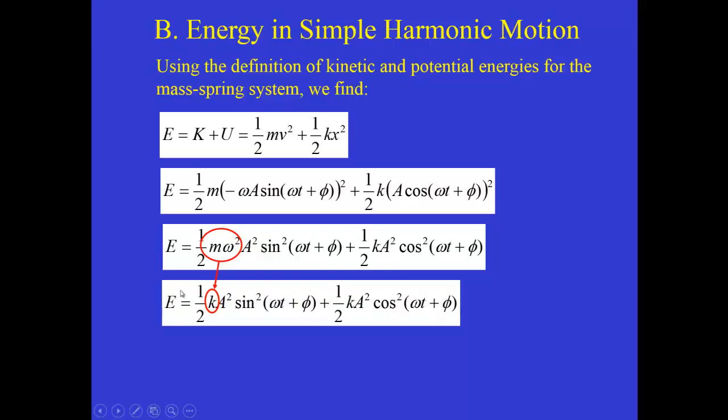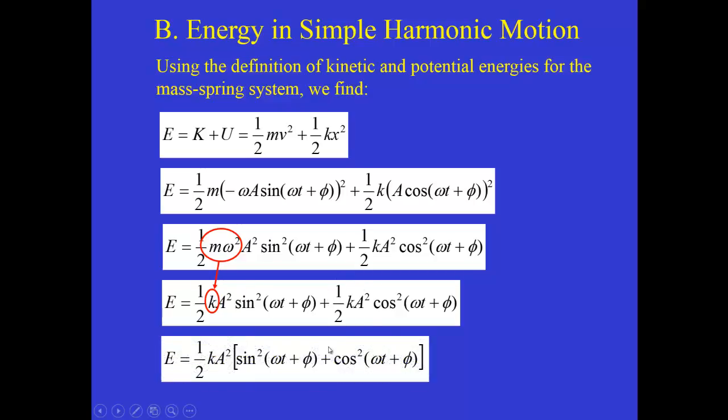So realizing that, we can rewrite this expression for the total energy, now seeing that there's a 1/2 kA squared in front of the sine squared term and a 1/2 kA squared in front of the cosine squared term. If we factor that out from the two terms, we end up inside the brackets with sine squared plus cosine squared.